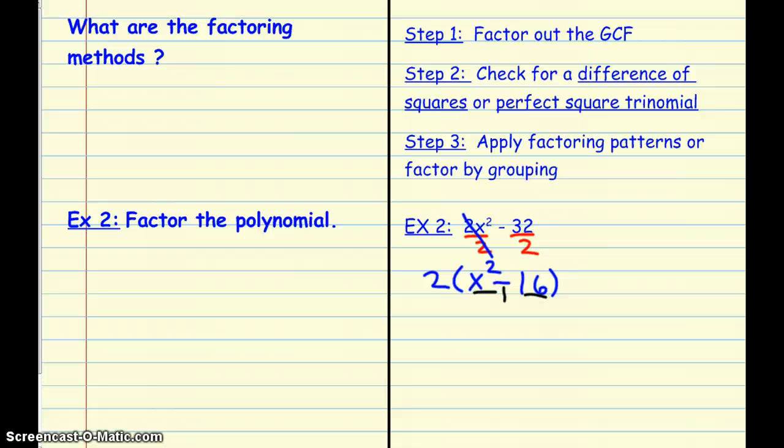So my 2 is outside the parentheses, and because this is a difference of squares, each parentheses is going to get an x and each is going to get a 4, one adding 4 and one subtracting 4. So this shows that our polynomial is completely factored.